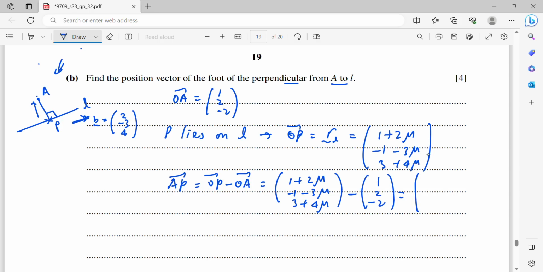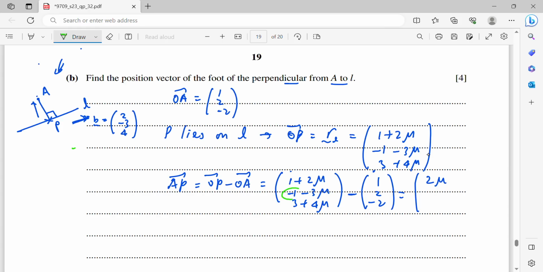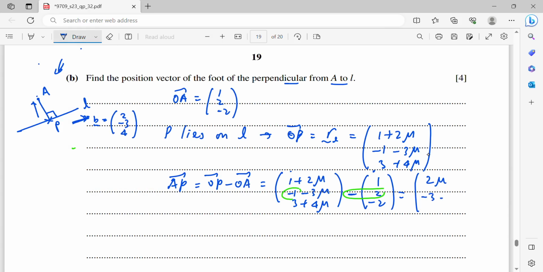Then when you open the brackets, 1 minus 1 will be 0. Then you will get 2 mu. Now, here, minus 1, minus 2, it will be minus 3, so I will get minus 3 minus 3 mu. Then the last one, 3 minus minus 2 is 5 plus 4 mu. So this is my AP.